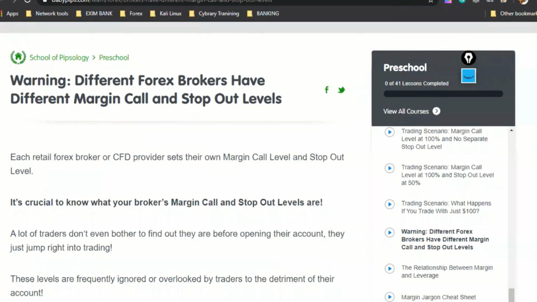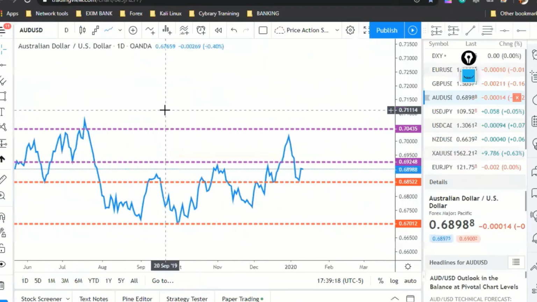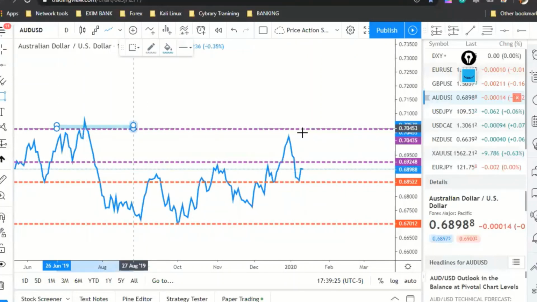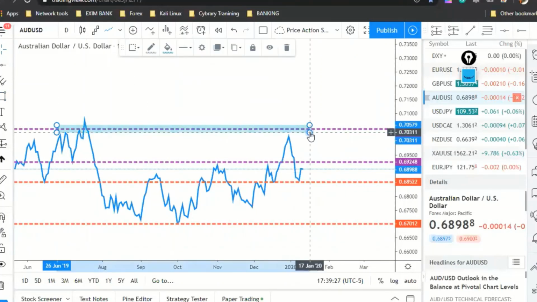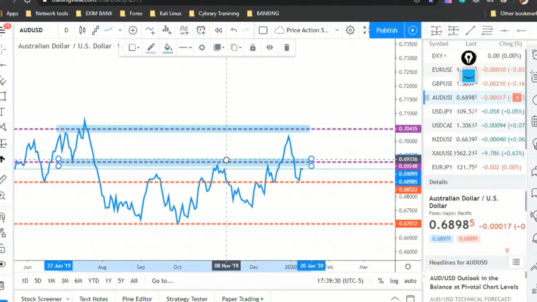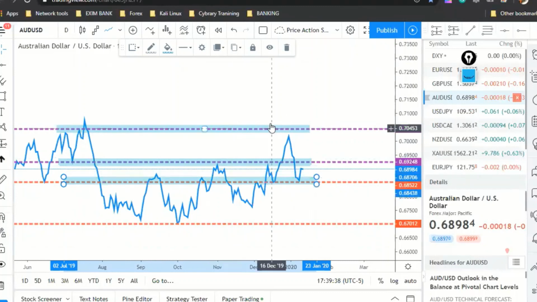But to be more accurate, I recommend that you use the line chart and get acquainted with TradingView. Use the line chart and place it as zones. And once price reaches the zone, then you can look for your entry on a lower time frame. So it's not just a single line.